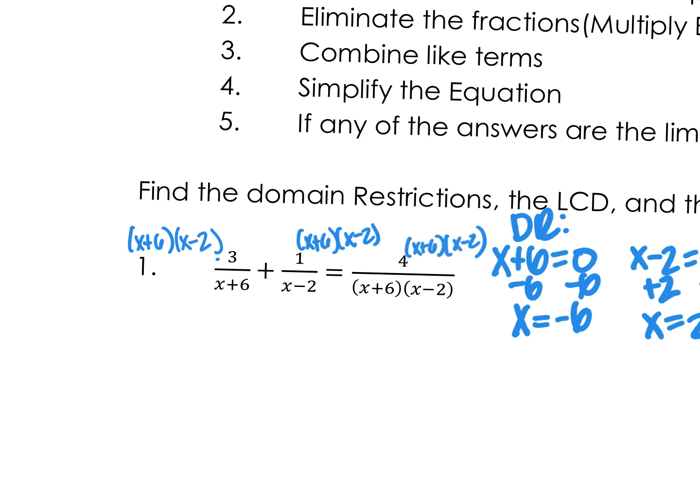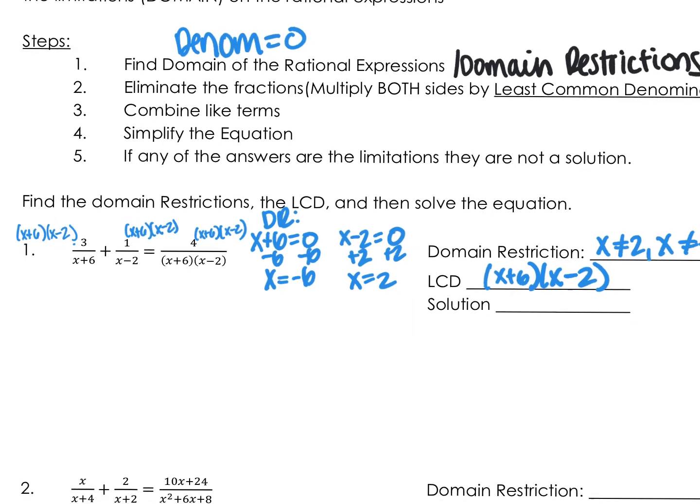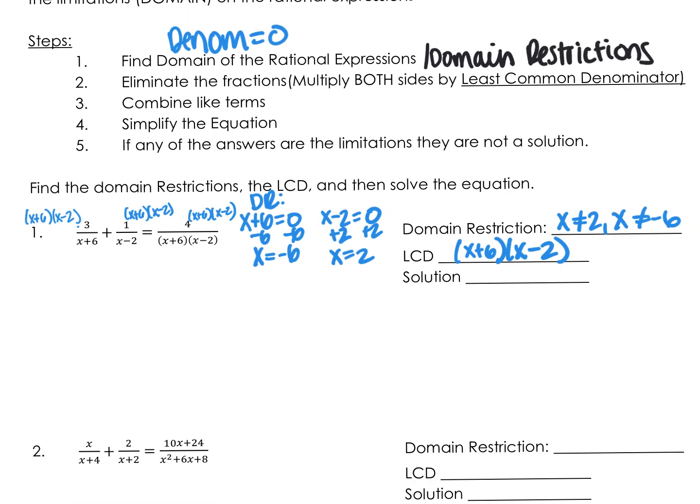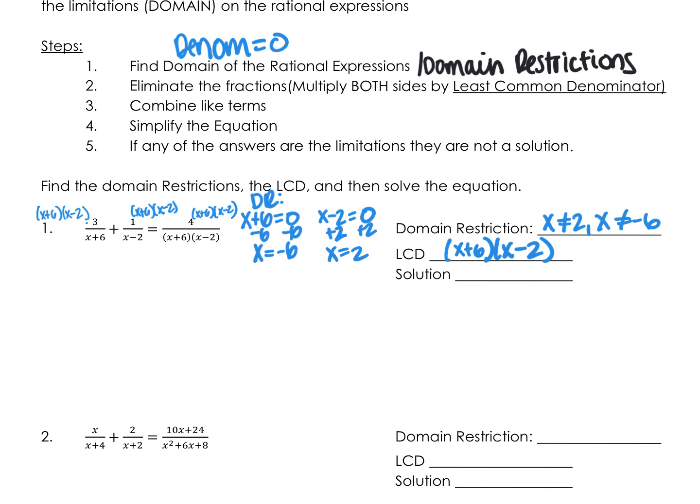And then you use those to cancel out your denominators. So the first one, x plus 6 will cancel. Second one, x minus 2 will cancel. Third one, everything cancels.